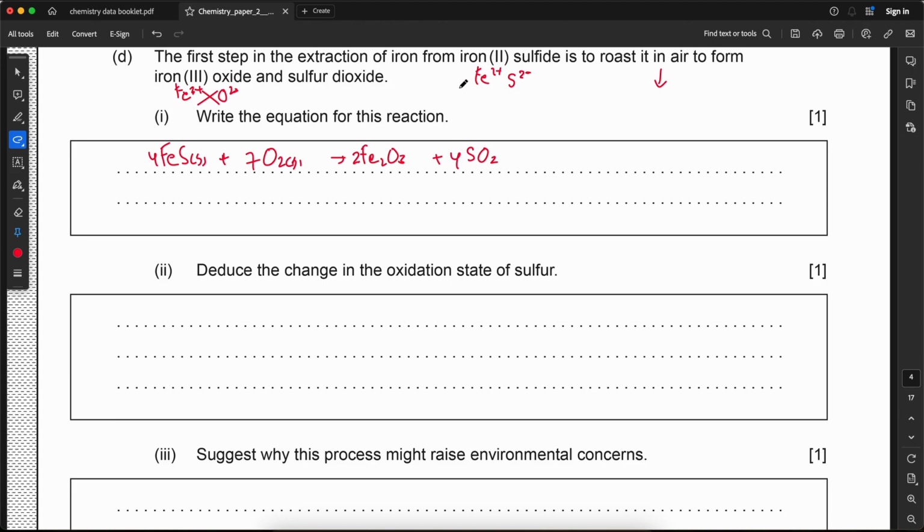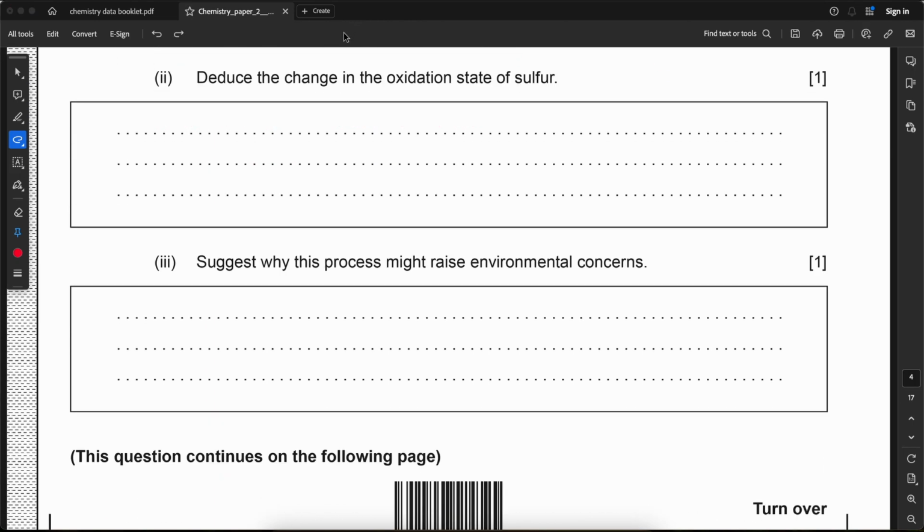Deduce the change in the oxidation state of sulfur. The reaction is 4FeS plus 7O2 produce 2Fe2O3 plus 4SO2. So sulfur here will be -2, Fe +2, and this one -2 and +4.